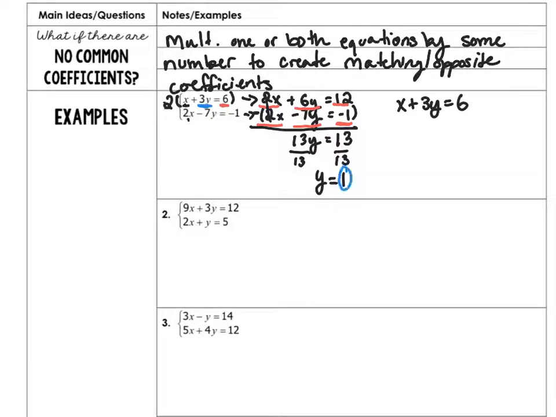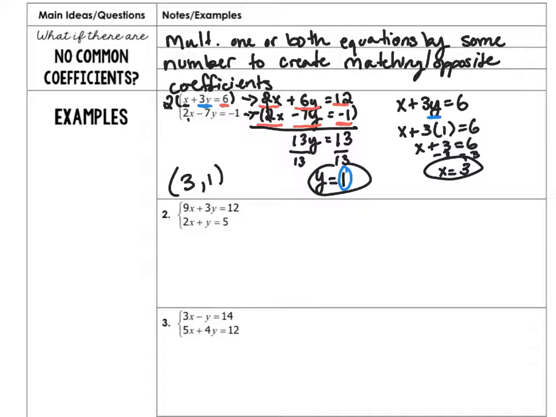Substitute this 1 in for y and solve for x. x plus 3 times 1 equals 6, x plus 3 equals 6. Subtract 3, and we get x equals 3. If we want to write our coordinate, it would be 3, 1.